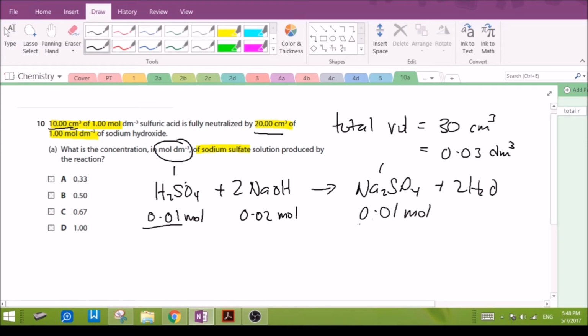So this is the moles of salt. This is the volume that it is dissolved in. So concentration is equal to moles over volume, right? And then input in our calculator, we have A. This is our concentration.